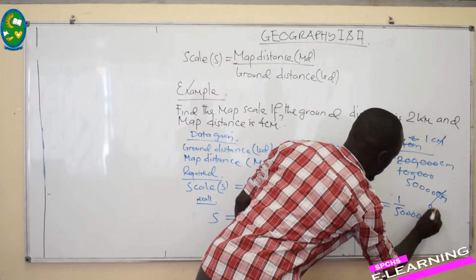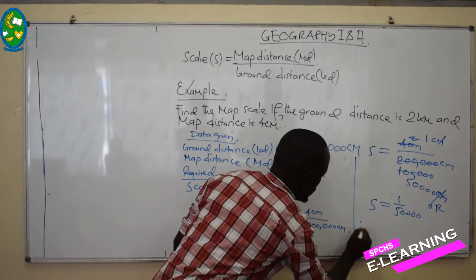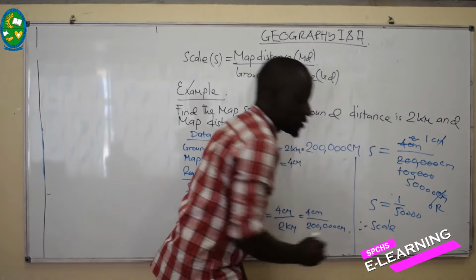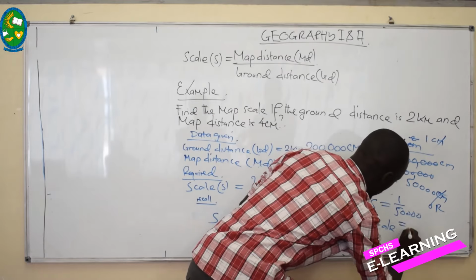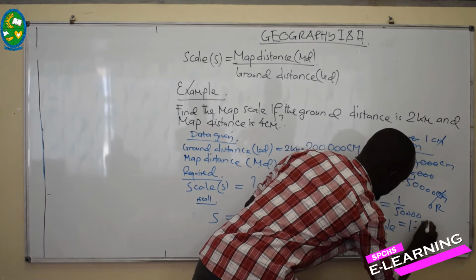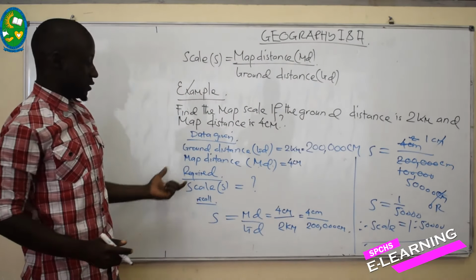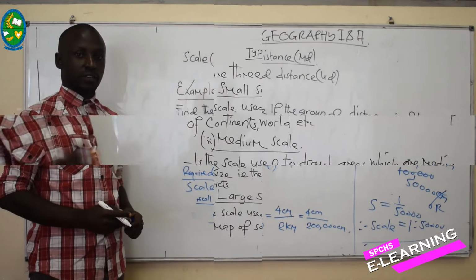In terms of ratio, we write scale equals 1 ratio 50,000. So this is the application of the formula: scale equals map distance over actual ground distance.